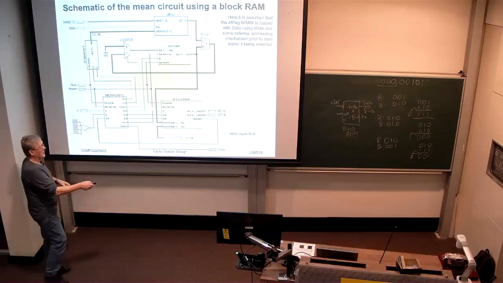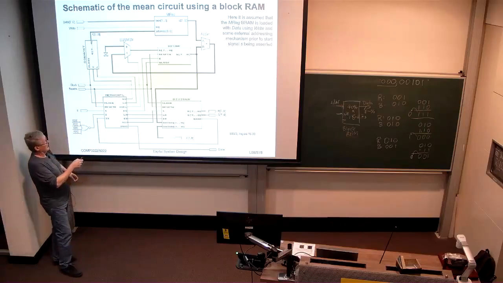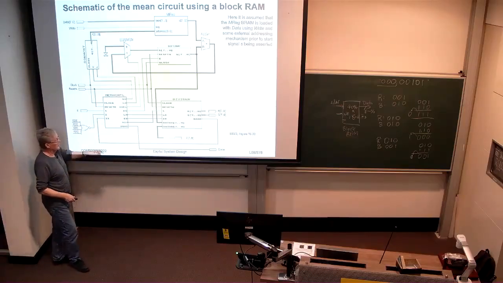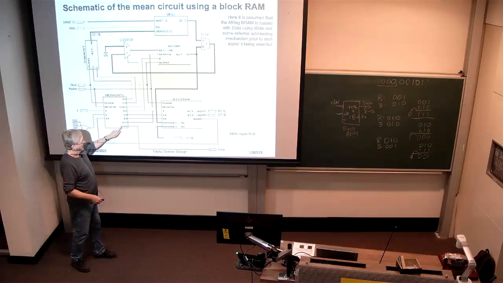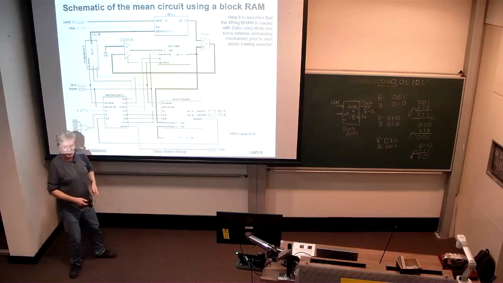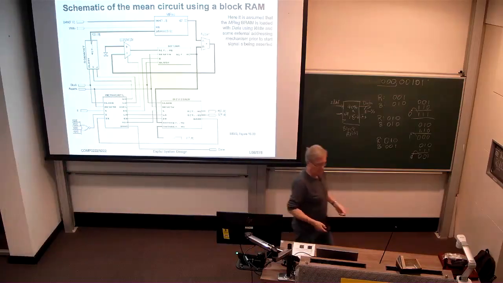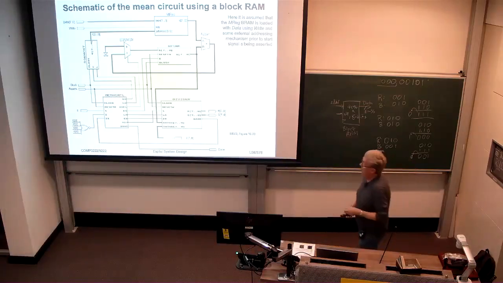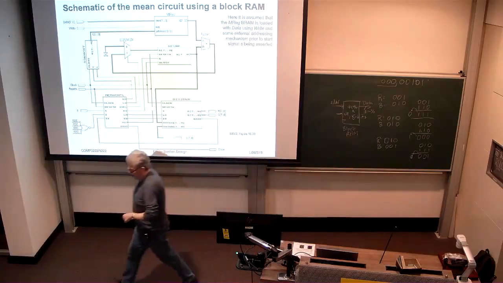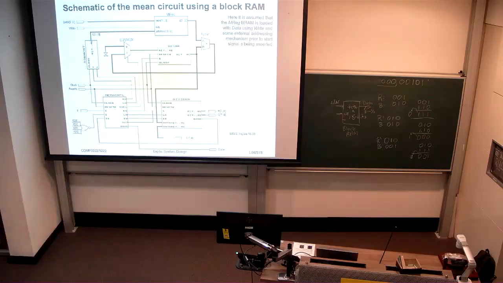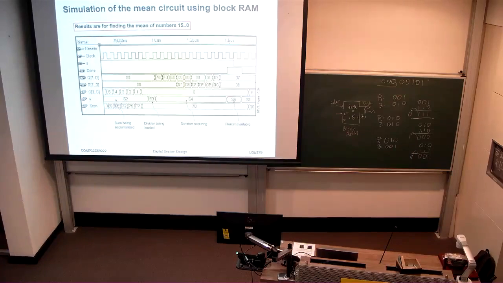The done on the divider comes back into our controller here via ZZ, as we saw, and when that gets asserted, we would assert the done signal to the user. Right, so it's pretty much just the design that we've been talking about, but in schematic form rather than in block level form. So let's have a look at a quick simulation of this.